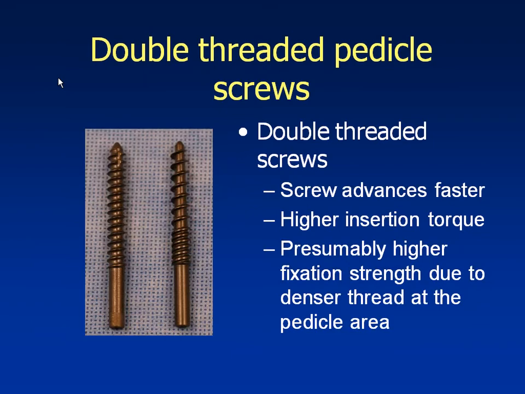Regarding pedicle screws, double-threaded screws, as seen here, have been shown to have a higher insertion torque compared to regular screws, and presumably they have a higher fixation strength due to the denser thread at the pedicle area. We have them on the market now, but we don't have long-term follow-up clinical results with those screws.